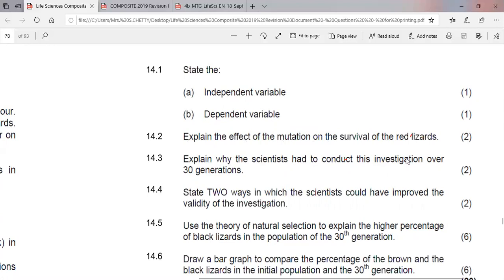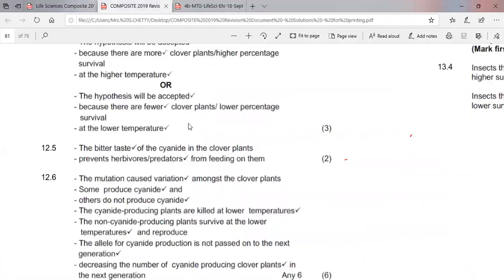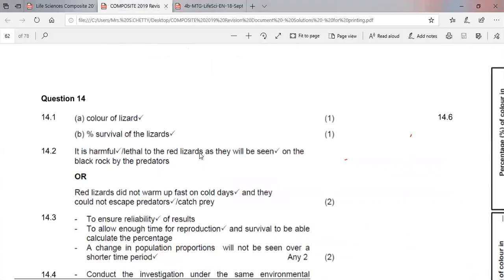Explain why scientists had to conduct this investigation over 30 generations, for 2 marks. Two ways to improve the validity. Use the theory of natural selection to explain the higher percentage of black lizards, and then draw that bar graph. Okay, so let's look at the answer. Color of lizard was the independent variable, the one thing that was different, and the dependent variable would be the percentage survival of lizards.